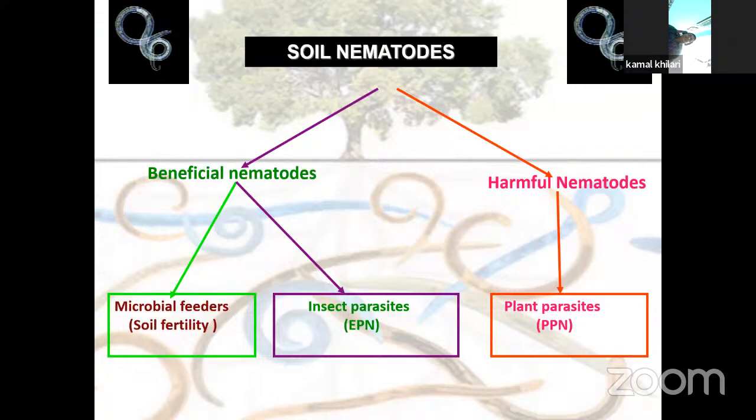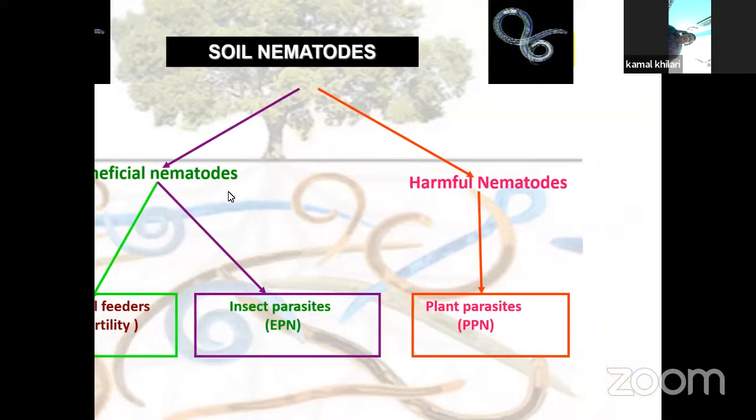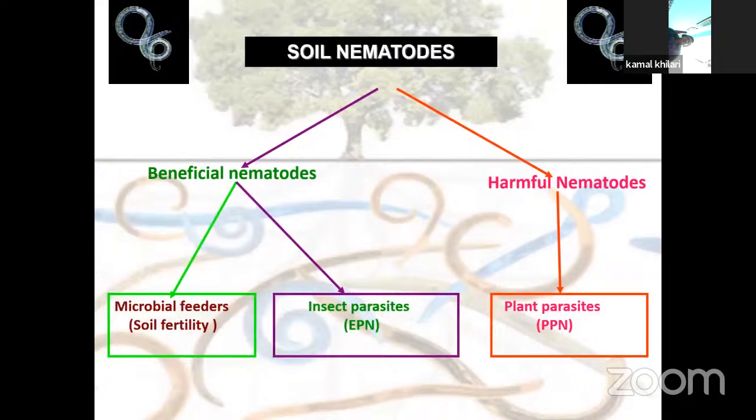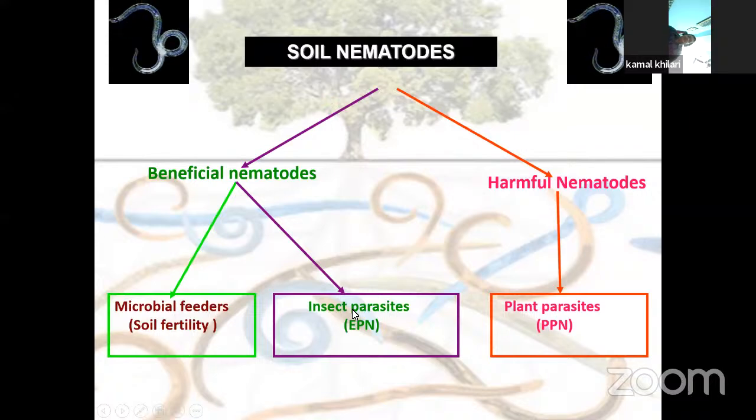So soil nematodes may again be classified in two categories. One is beneficial nematodes and another is harmful nematodes. The beneficial nematodes, as I talked about earlier, may be microbial feeders and they may be saprophytic. So all these are beneficial nematodes. And then the second one is the insect parasitic nematodes. They parasitize insects which are harmful to our crops.